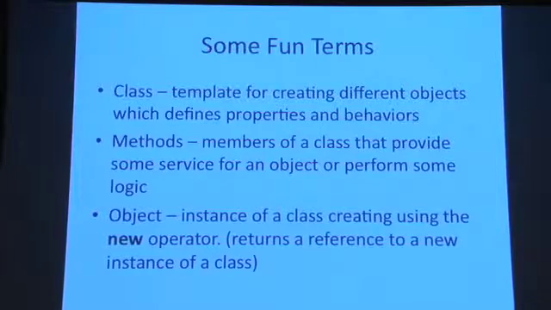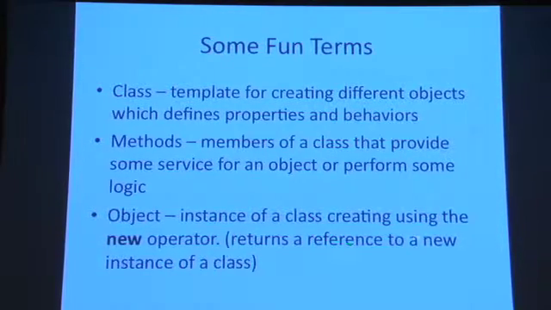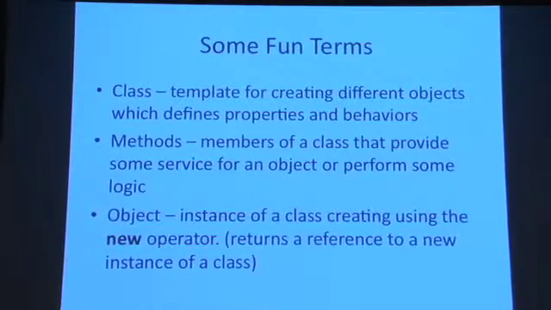And methods are similar to what you would see in any other programming language. So main is a method, and you have that C equivalent as well. An object is an instance of a class created using the new operator. So a string, for example, is an object.